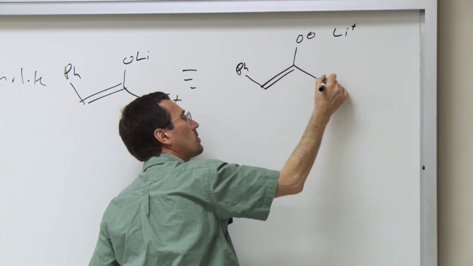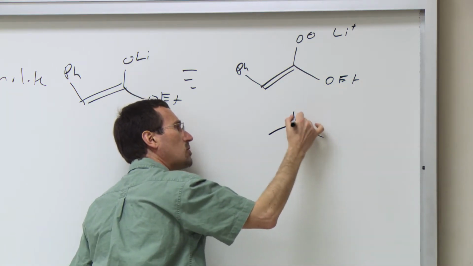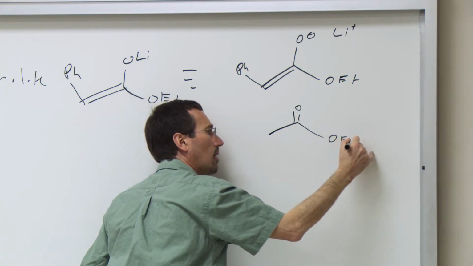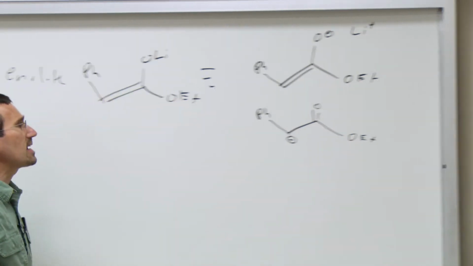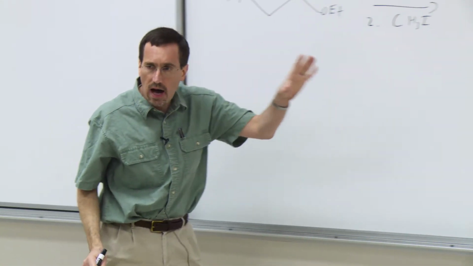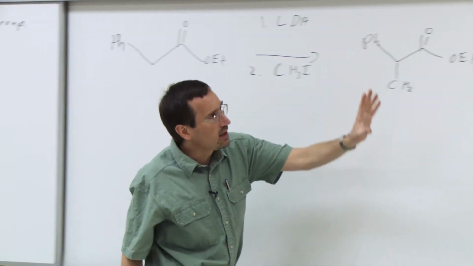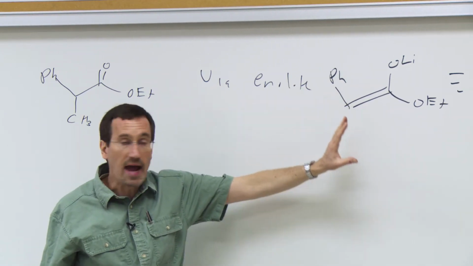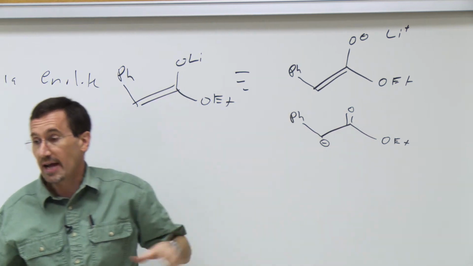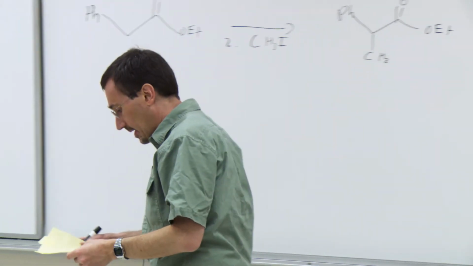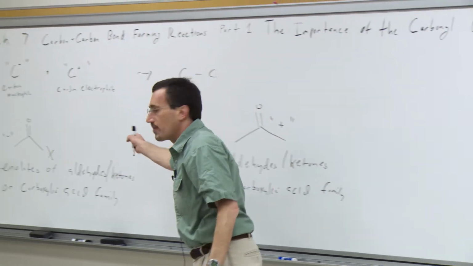So this is a conceptual shorthand for this, which in turn is a conceptual shorthand for this. In other words, in the back of my mind, when I think about the generation of the enolate, the enolate has this structure. I can think of it as a carbanion-like species. I can think of that polar covalent bond, and I can think of resonance structures. All right, so that shows us this carbanion-like behavior.